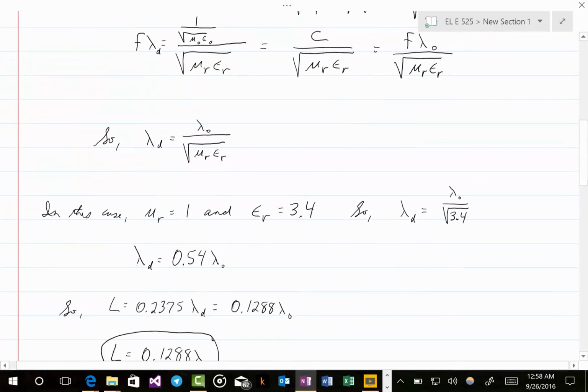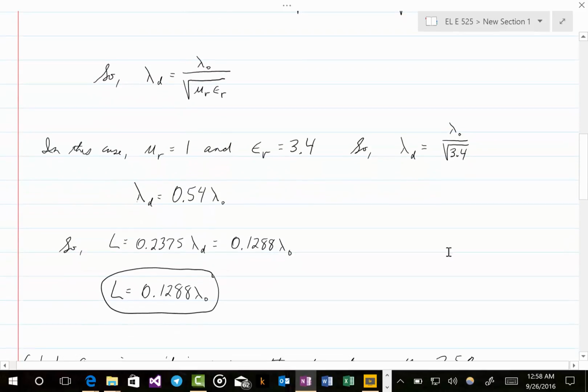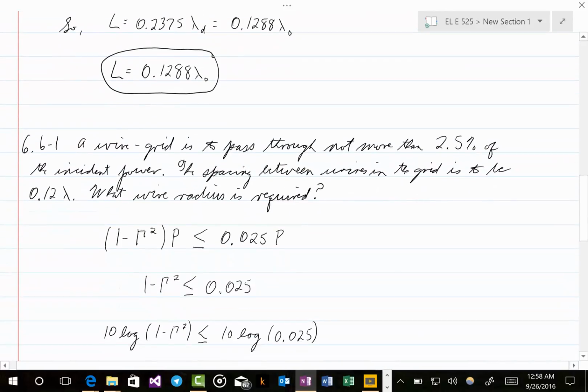And now we substitute that lambda d is equal to 0.54 lambda naught, and we get then that L is 0.1288 lambda naught. And so that is the final answer to this problem. That is the value for L given in terms of free space wavelengths. And that concludes our only problem for section 6.5.